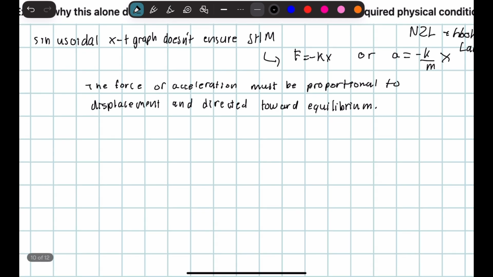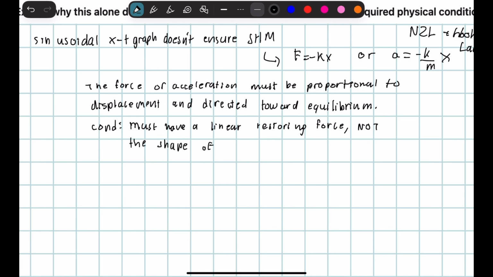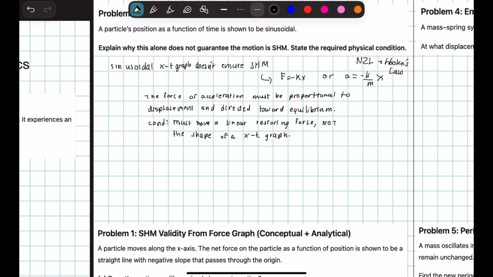So the defining condition for simple harmonic motion is that you need to have a linear restoring force. It's not a certain shape of a position-time graph. So let's continue on.